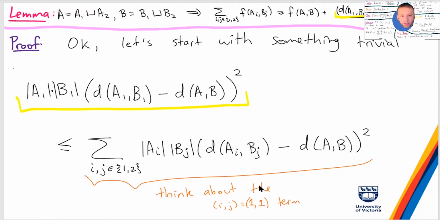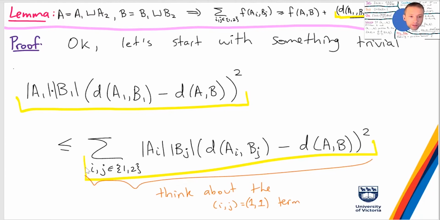And this is, of course, at most as large as if I summed up over all pairs Ai, Bj, and computed the same kind of expression. Why is this trivial? It's trivial because there's more stuff here, and all the things I'm adding are non-negative, because each is the size of a set times the size of a set, which is non-negative, times a square, which is non-negative.